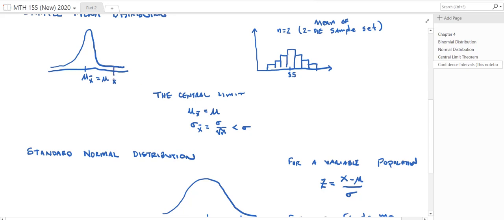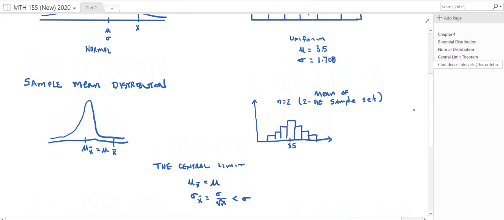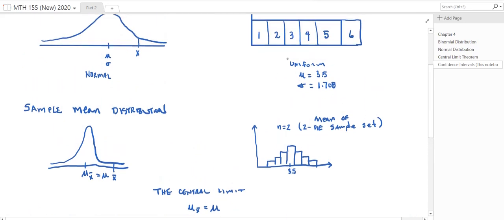They're not x's anymore, they're x bars. They're means. So this is a distribution with a bunch of means created by a bunch of means of different values. And if you recall, when we did the simple situation in class, we rolled 2 dice, we took the mean of those 2 dice, and then your mean ended up somewhere to the left or right of 3.5.